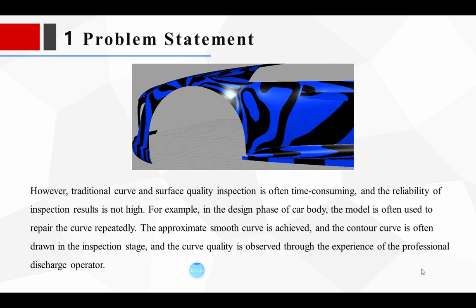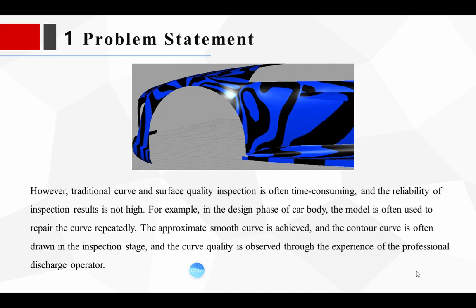However, traditional curve and surface quality inspection is often time-consuming, and the reliability of inspection results is not high. For example, in the design phase of a car body, the model is often used to repair the curve repeatedly.